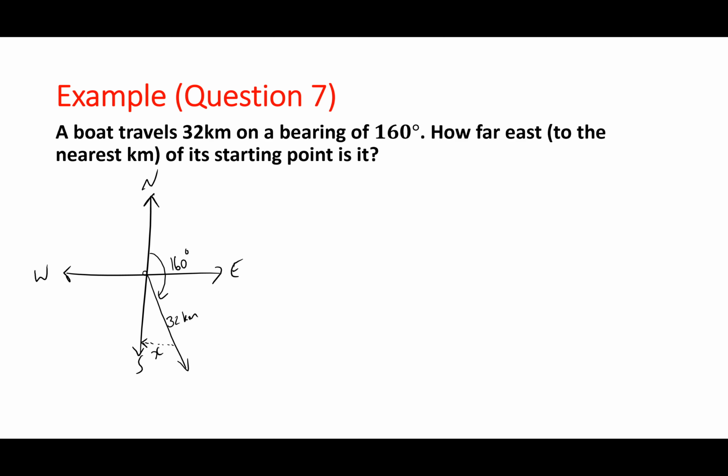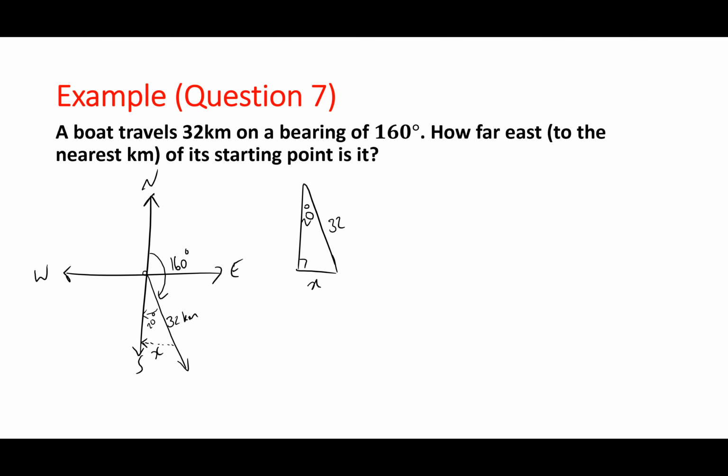Okay, so we've drawn a picture, step 1 done. Step 2, draw just the triangle and put our information on. 32, X, and 20 degrees. So just like in the previous one, to work that out, we know all the way south, including that part here, it must be 180 degrees. So 20 plus 160 makes the 180.